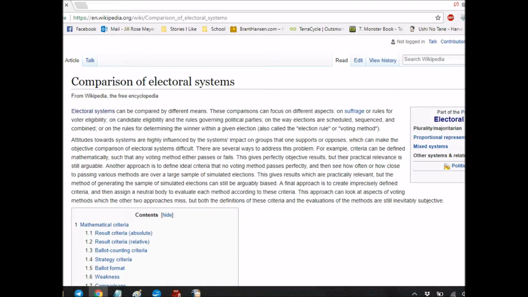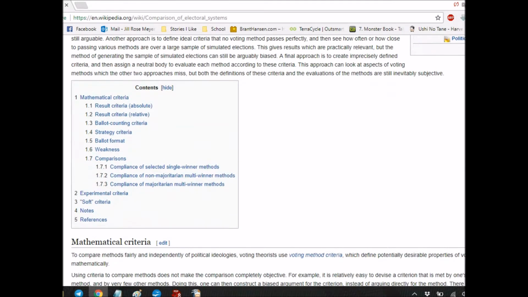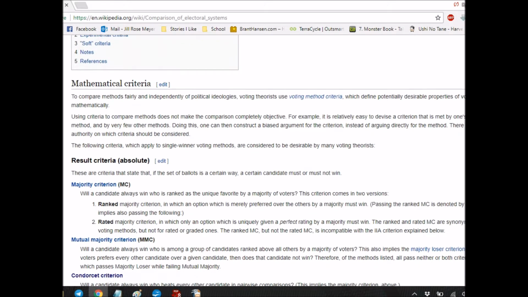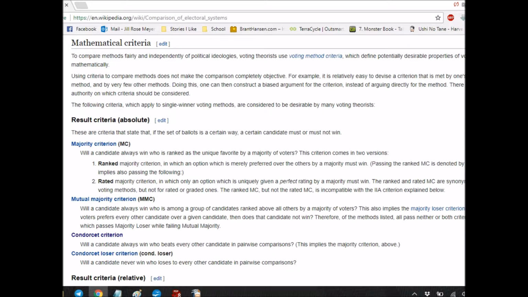In fact, if I go to Wikipedia, and this article is called Comparison of Electoral Systems, you don't need to read it very carefully, but if you just look, when I scroll down here, you have mathematical criteria, and these are the types of fairness criteria that exist in the world.